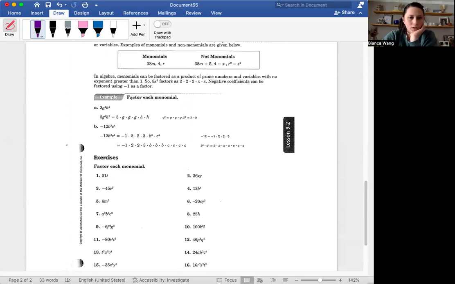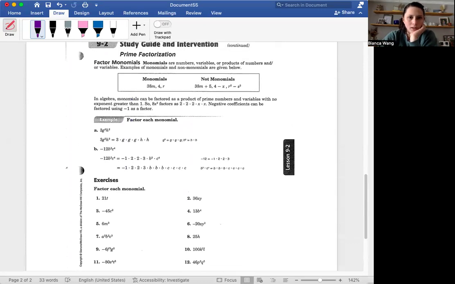What we're going to do is break a monomial down into factors. A monomial is really just any term that is a number itself, a variable itself, or a number times a variable. A non-monomial is when there is an operation in between the terms, like an addition sign between 38 and 5, or a subtraction sign between 4 minus x.